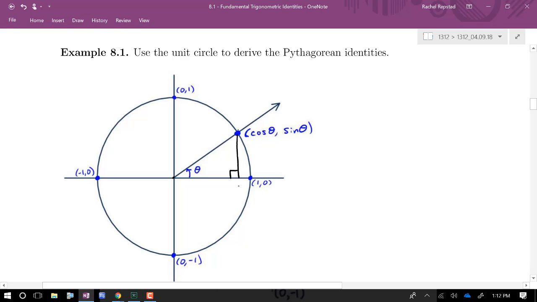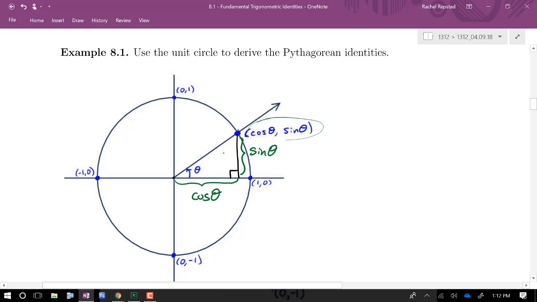So if I drop down this perpendicular line, so that's a vertical line, what should this length be in terms of using the coordinates of this point? What should that length along the bottom be? Cosine? Yes. And how about this one? The vertical side. Sine theta. Yep.